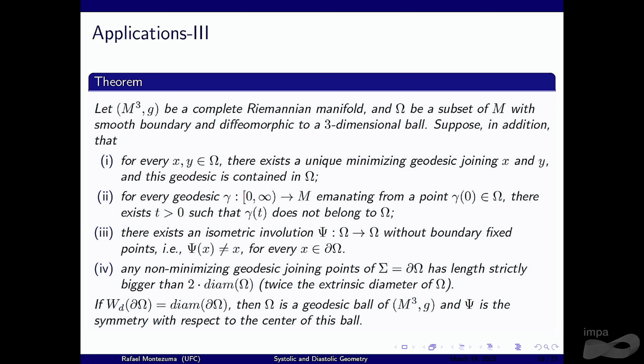These are properties that hold locally. If you assume that omega is in a small neighborhood of a point, for example, and you have an isometric involution without boundary fixed points like central symmetry, and the width coincides with the diameter, then this region must be a ball, a geodesic ball, a metric ball.